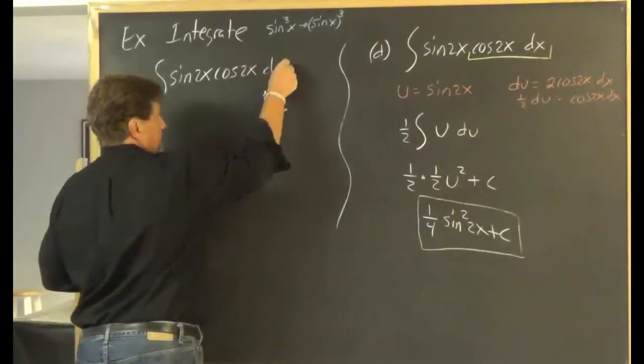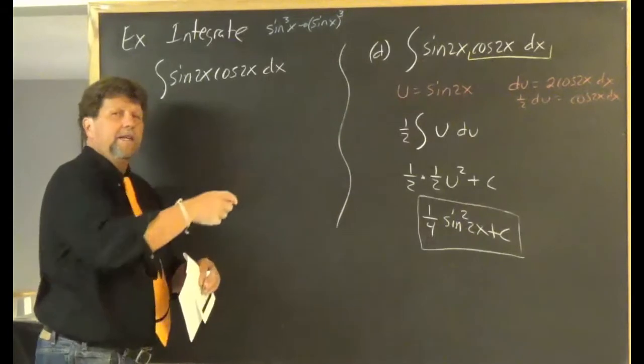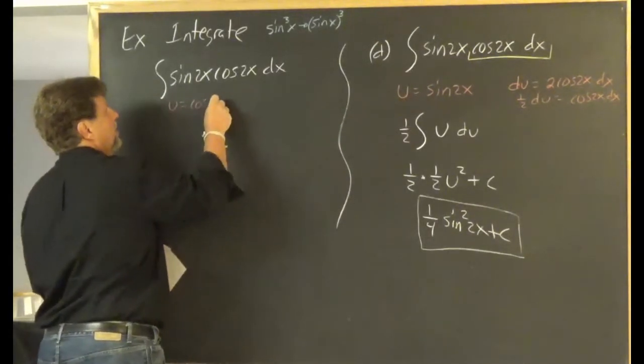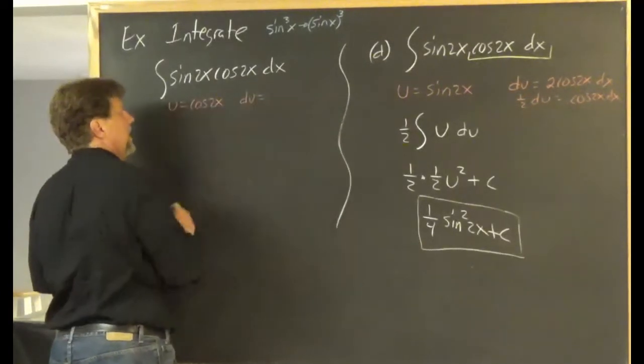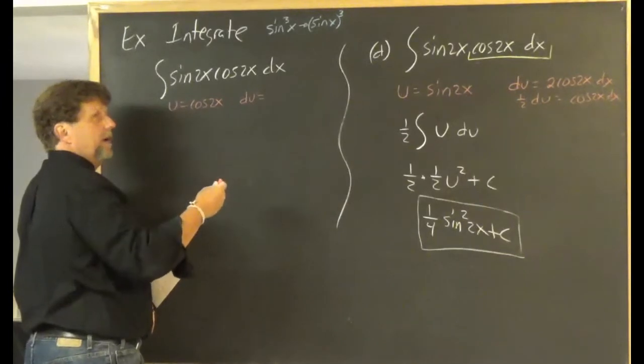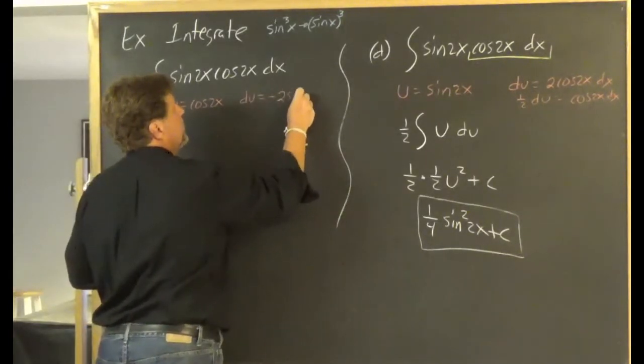And the alternative way is, instead of letting u equal sine 2x, what if we let u equal cosine 2x? Well, then du would be negative sine 2x times 2, so negative 2 sine 2x.